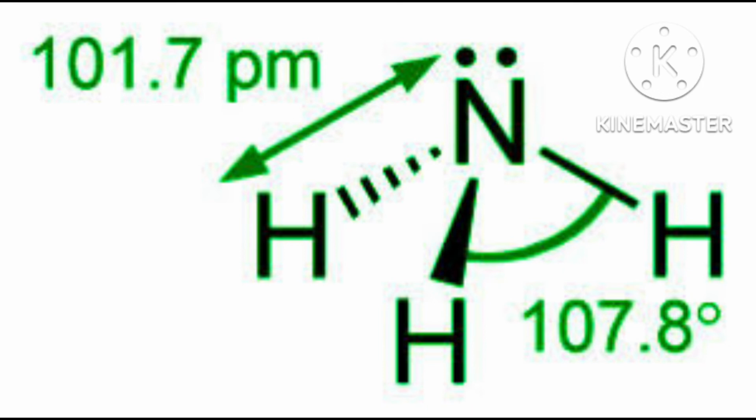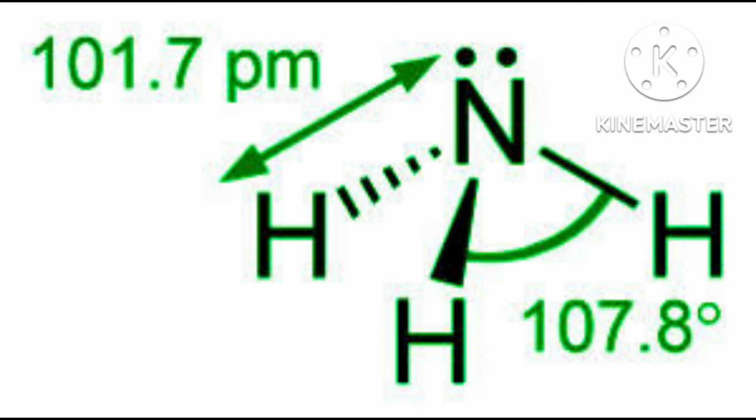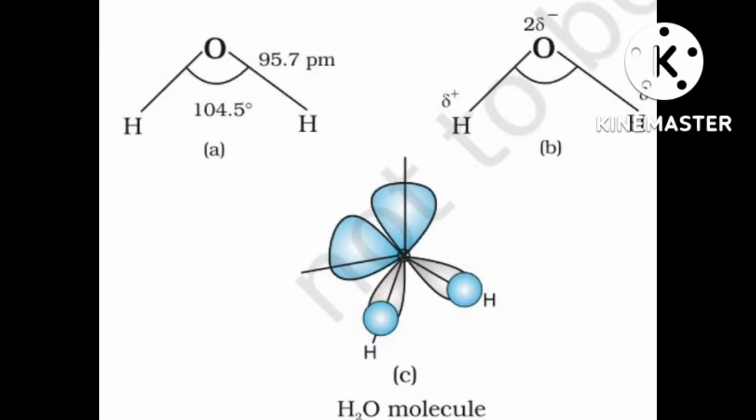This type of hybridization can be explained by taking the example of methane, CH4, in which there is mixing of one s orbital and three p orbitals of the valence shell to form 4 sp3 hybrid orbitals, 1 from S, 3 from P. The 4 sp3 hybrid orbitals are of equivalent energies and shape.